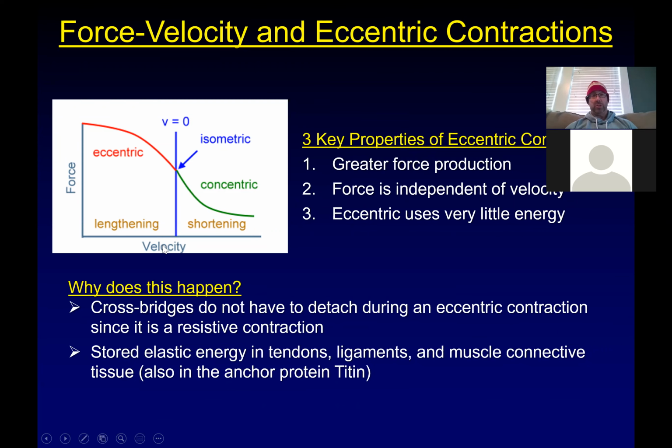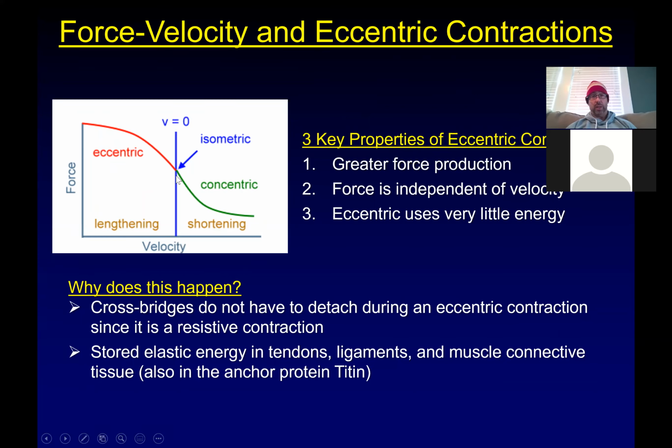And I want you to notice that the axes have been flipped on this graph in comparison to the graph on the slide before. Now velocity is going along the x-axis, and force is on the y-axis. On the right side of this graph, where we're doing a shortening or concentric contraction, the point where the blue line intersects is zero velocity.